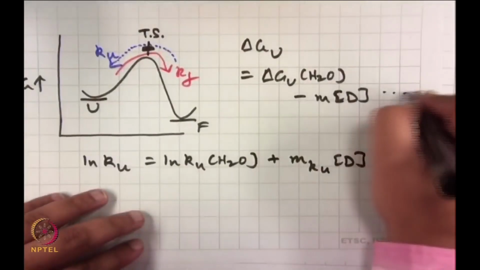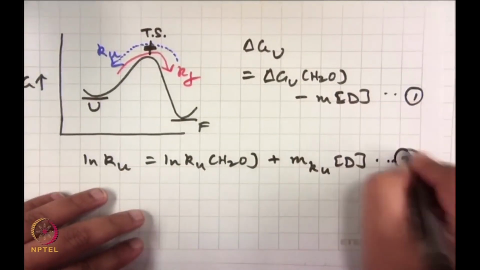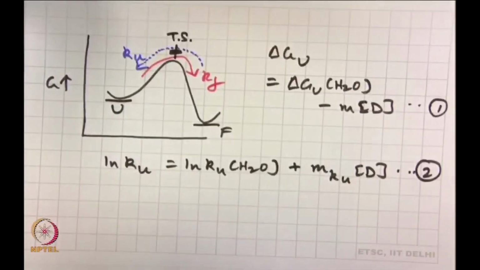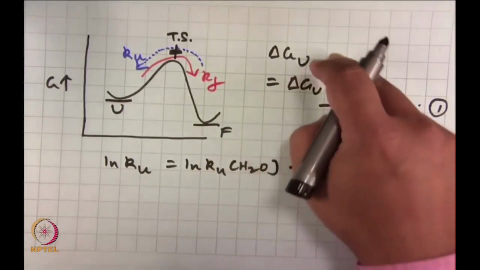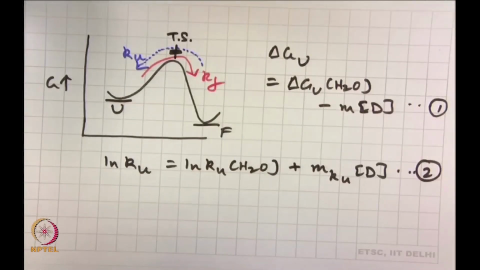So, if this is 1, then let this be equation number 2. Okay. So, this is the linear relation. See, this is very similar to delta Gu, but only in this case you are not having delta Gu. What do you instead have? You have ln Ku. But remember, can you convert this to a free energy form? Can you or can you not?